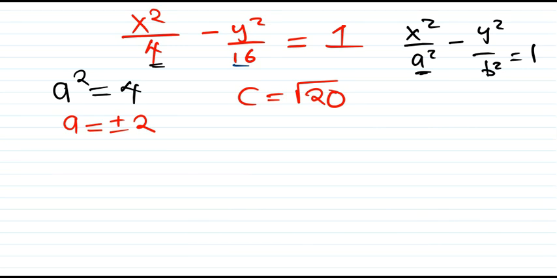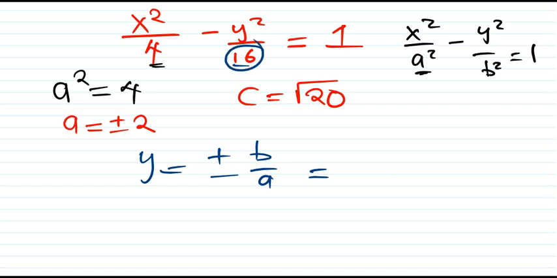Finding the equations now. How do you find the equation of asymptotes? Remember we said our equation is in the form of plus or minus b over a. So in this case, what have we said about our b?